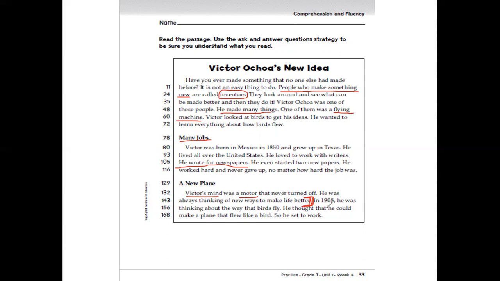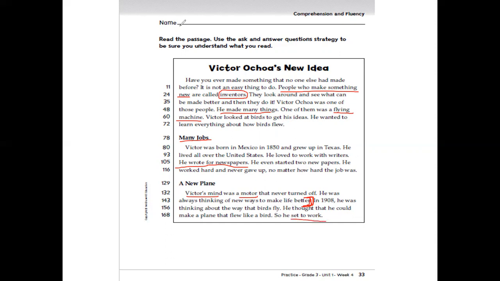So here we have cause and effect. The cause is he was always thinking of new ways to make life better. So as a result, he was thinking about the way that birds fly. He thought that he could make a plane that flew like a bird, so he set to work.